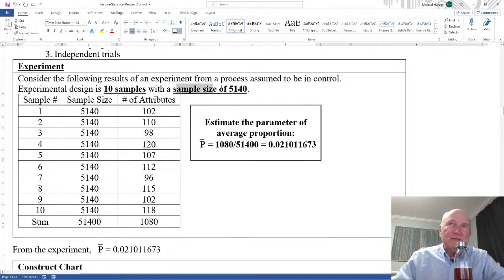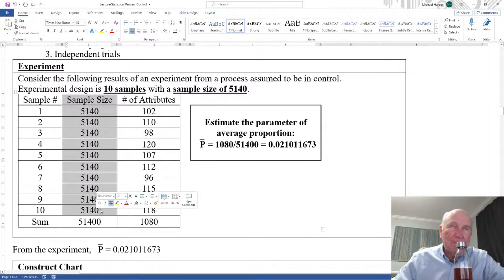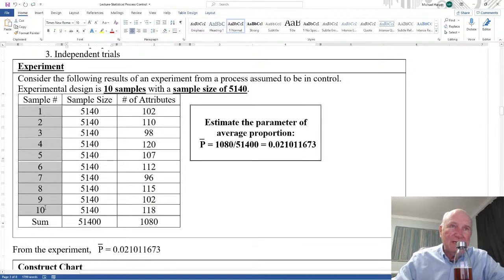But the sample size in the experiment is 5,140 because that's how many measurements there are per sample. And the number of samples is 10. Be very careful with that language because you'll see it on the homework and you'll see it in industry. They do talk about that.